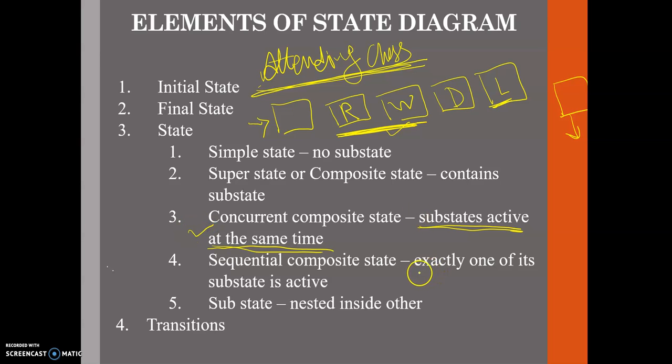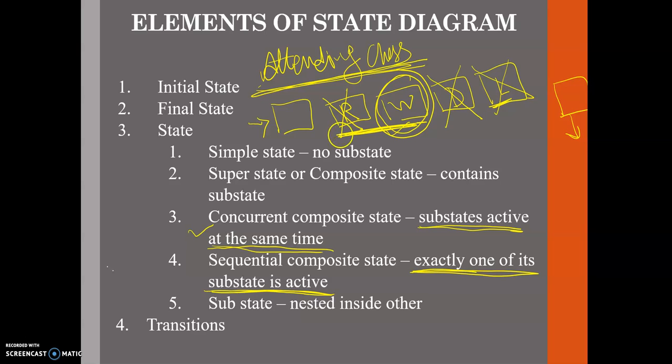But when we say exactly one of its substates is active, what does it mean? If your professor says first listen to me carefully and then you can write in your own words, in that case you are not reading anything, not discussing anything, not listening, but you are just analyzing the topic and preparing the notes in your notebook.